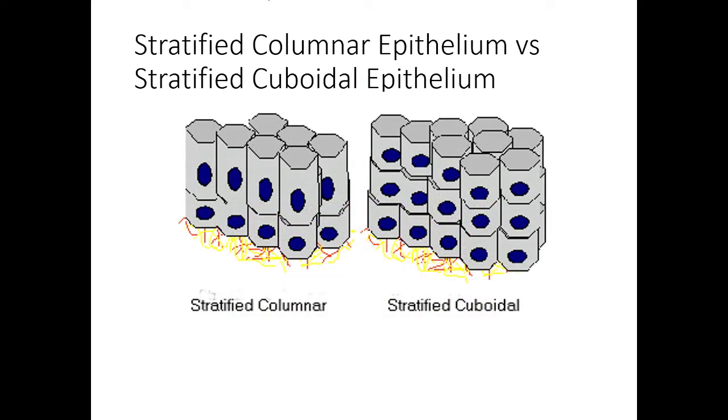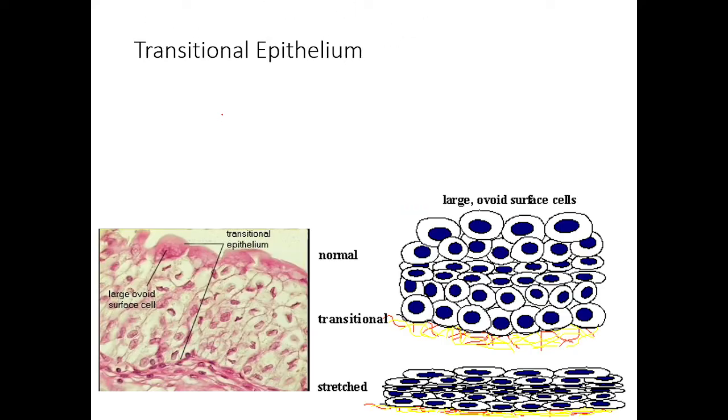There is a difference between stratified columnar epithelium and stratified cuboidal epithelium. The columnar epithelium has columnar cells that look like columns, and cuboidal epithelium cells are stacked above one another this way. So they make a protective sheath also, and these have a secretory function.